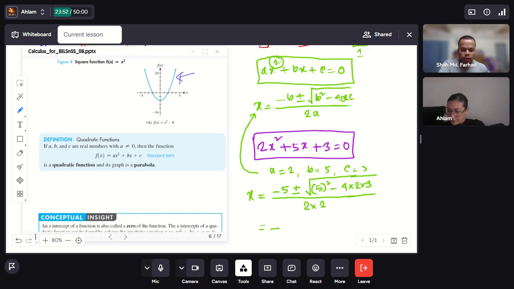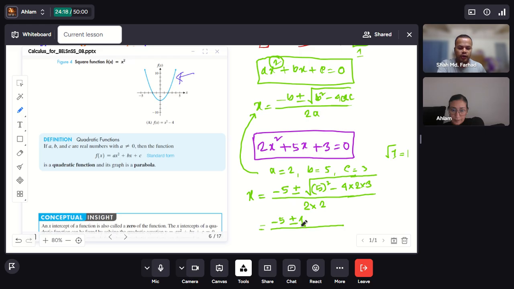Now if we simplify this, we have negative 5 plus minus root over 5 squared, that is 25, minus 4 times 2, that is 8, 8 times 3 is 24. So 25 minus 24 is 1. The square root of 1 is 1.